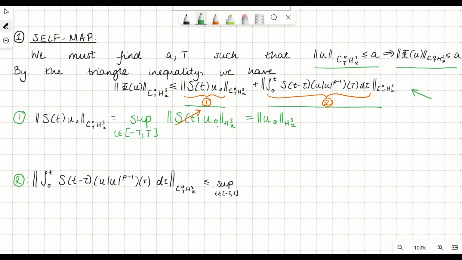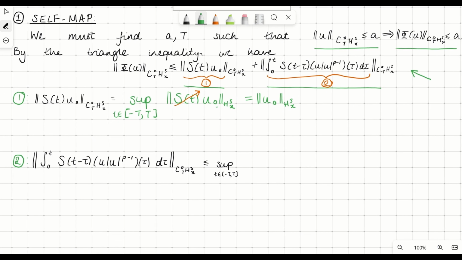Now we have to bound the second term, which is slightly more complicated, but still not too complicated because of the nice inequality we proved above for the nonlinearity in H^s. So this time we want to bound the integral in C^0_T H^s_x. So this is looking again at the supremum over the interval of the norm of the integral in H^s.